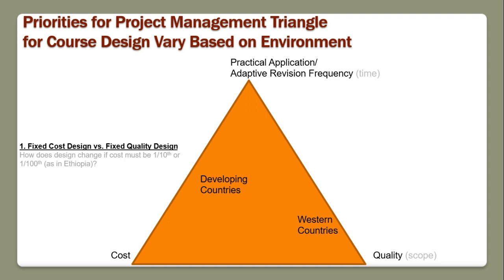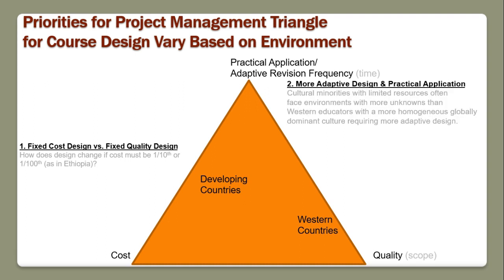You can't do all three. Developing countries are going to have to optimize more for cost and for practical application, or adaptive revision frequency, whereas Western countries will optimize much more on technical quality, but maybe without as much application or adaptive revision frequency.